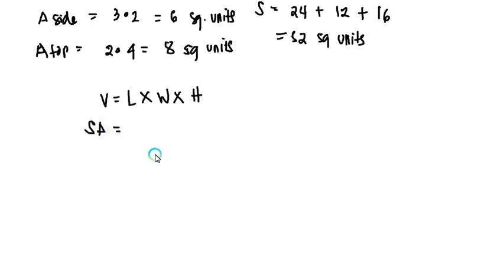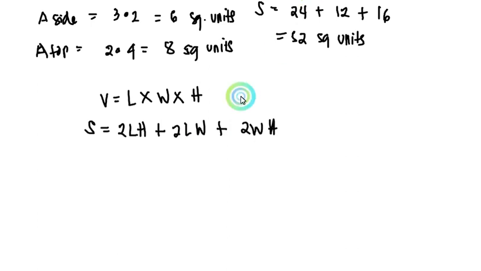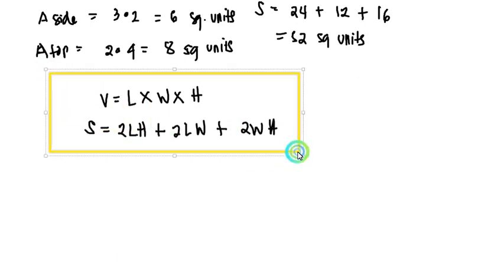okay, so in some books the surface area is just S. So we can also just use S, so you will not be confused. So S is equal to 2 lengths times height plus 2 lengths times width plus 2 widths times height. So take note, this is the general formula that we can use when the problems concern rectangular solids.